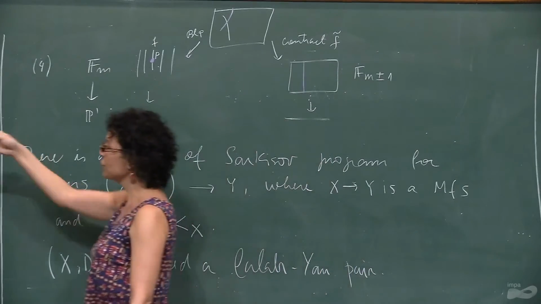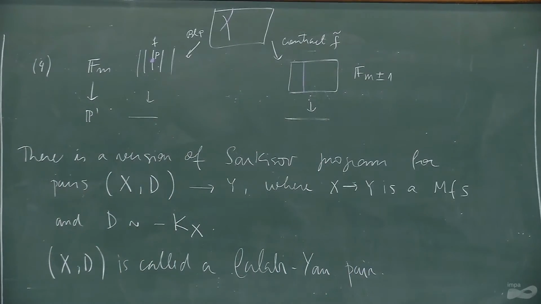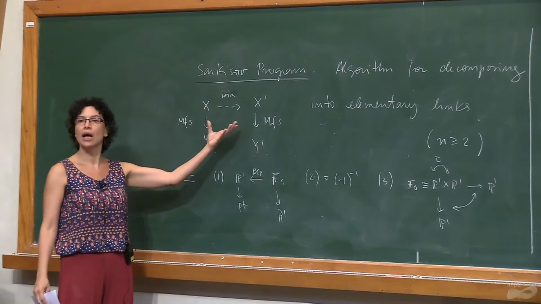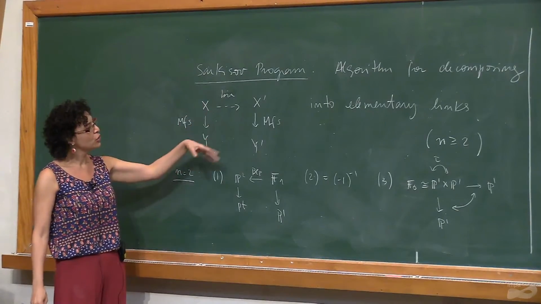And there is a version of the Sarkisov program for volume-preserving maps between Calabi-Yau pairs into elementary links.